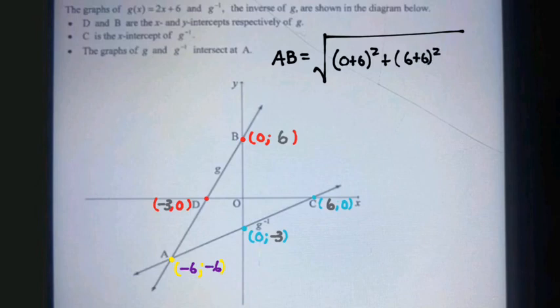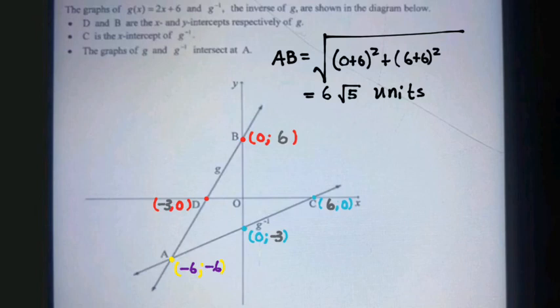Let's do it chop chop as it is, because we are smart people. Square root of 36 plus 144, I get 6 root 5. It's because 6 squared is 36, 12 squared is 144.